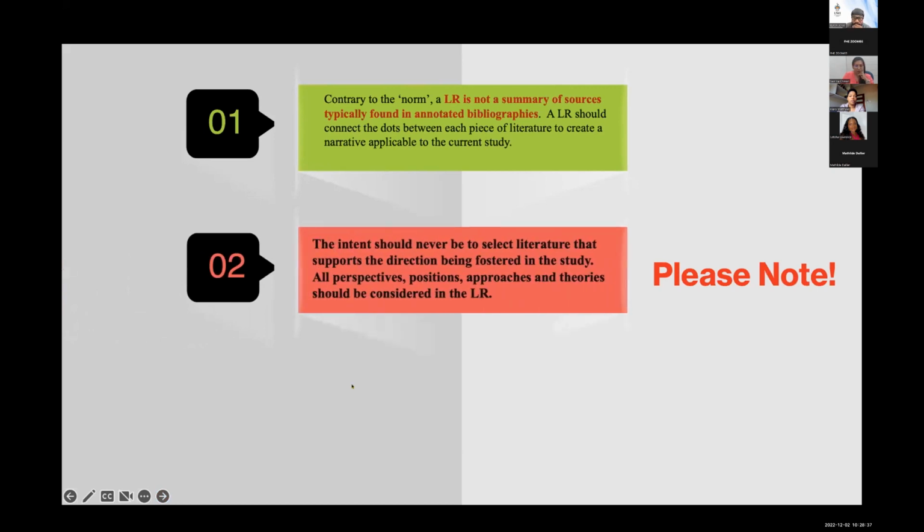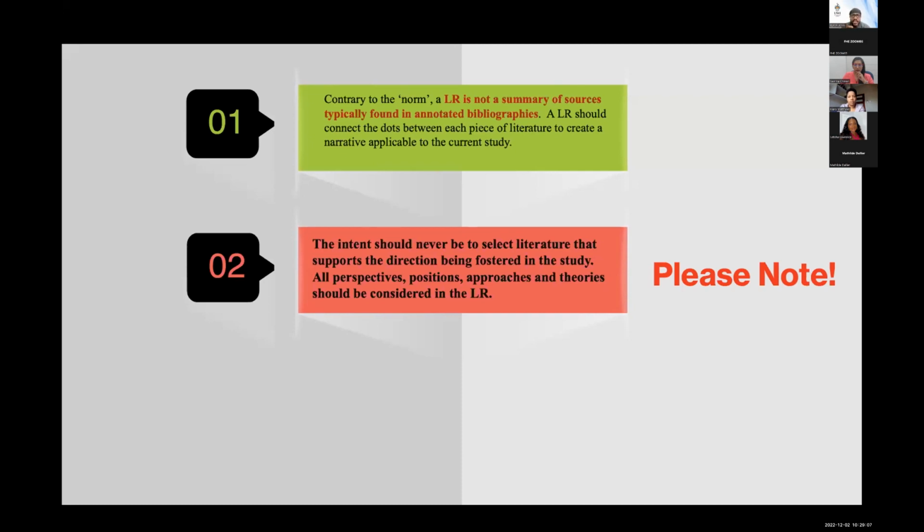The intent should never be to select literature that supports the direction that you are trying to foster in your study. It's just like when we are working with a hypothesis. As Kiara mentioned, it's some form of intuition that we have, and we are putting this in a statement to say this is what is going to exist. It's somewhat of a prediction.